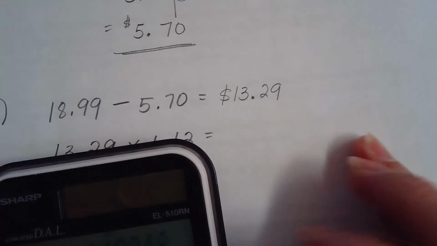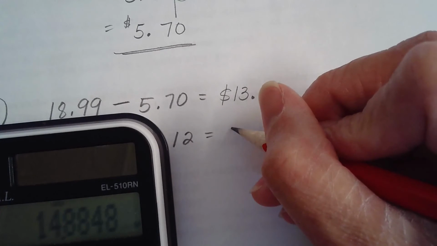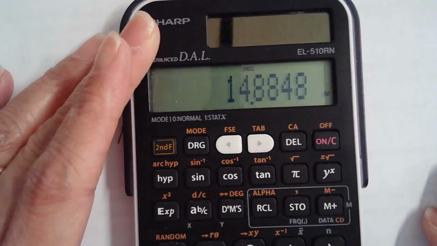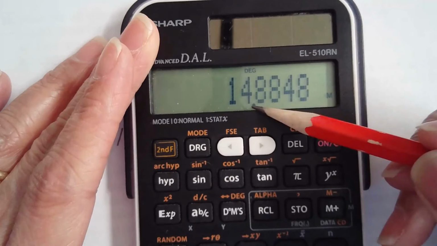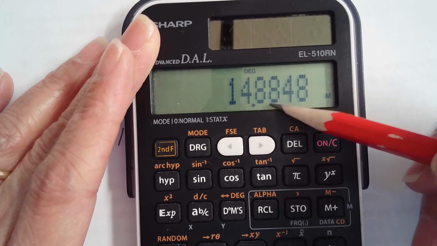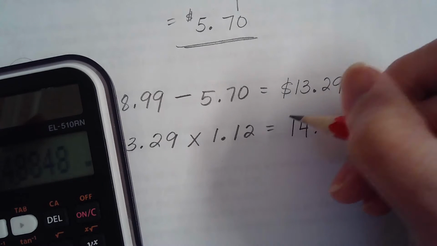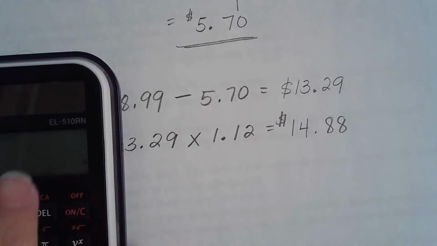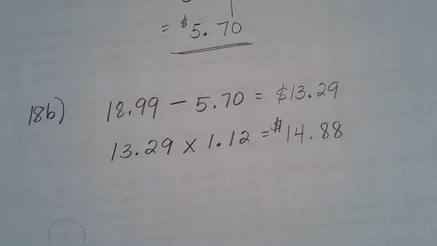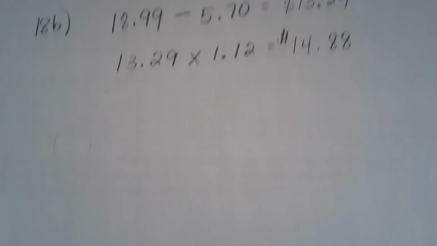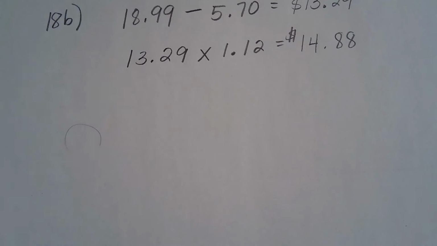We're gonna get a whole bunch of decimals again, rounding it off to 2 decimal places. So it would be 14.88. Okay, is that good? That's number 18. Now let's take a look at number 19.